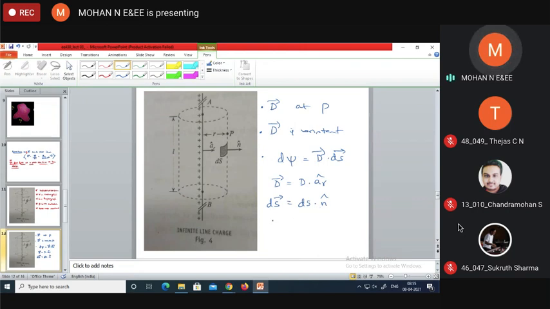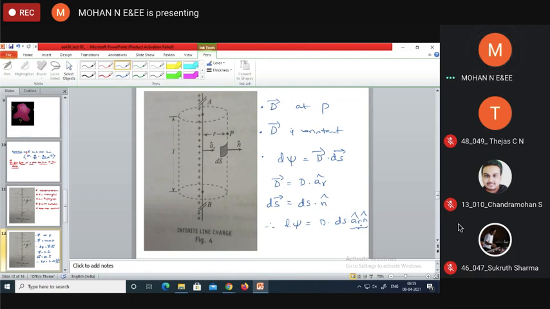Therefore, your d psi becomes equal to D into dS into aR cap into n cap. So aR cap into n cap is nothing but what?